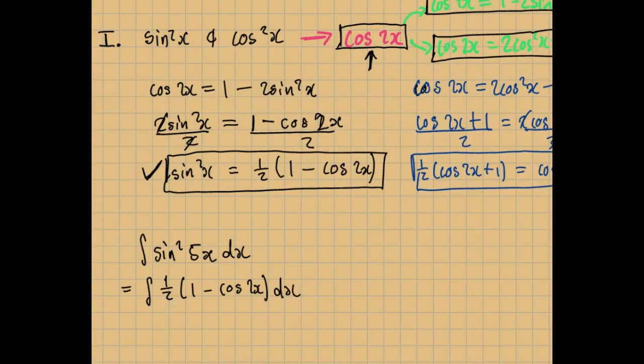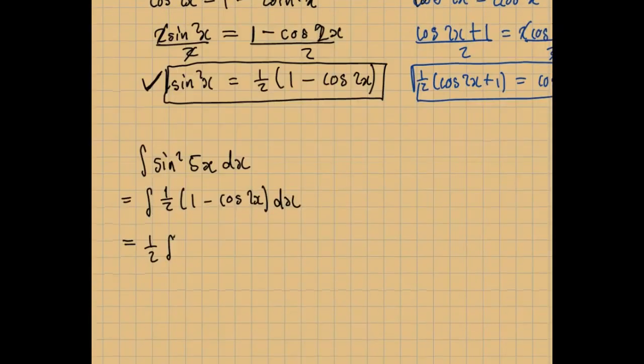And any constants that multiply, we can take them outside as long as they are multiplying or dividing. So here, it's multiplying, I take it outside, half is now outside, and then I have the integral of 1 minus cos 2x, with respect to x.